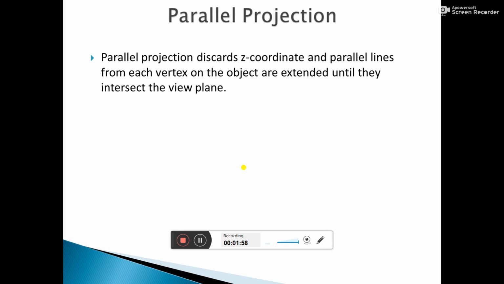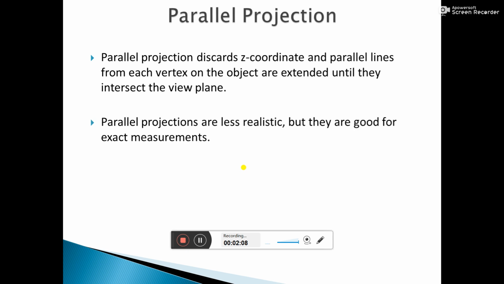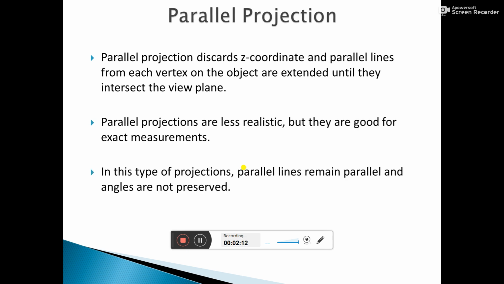In parallel projection, discard the z coordinates, and parallel lines from each vertex on the object are extended until they intersect the view plane. Parallel projections are less realistic, but they are good for exact measurement. In this type of projection, parallel lines remain parallel and angles are not preserved.